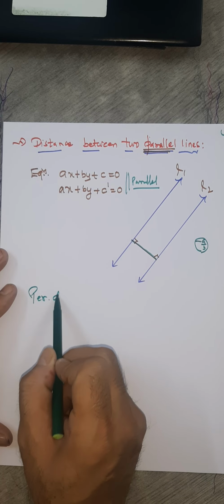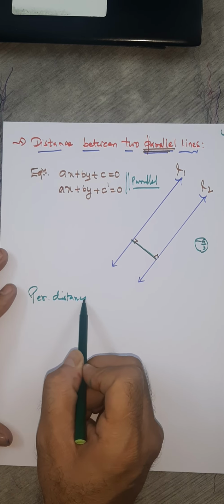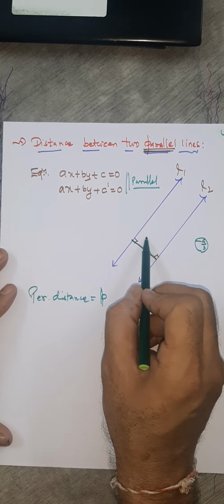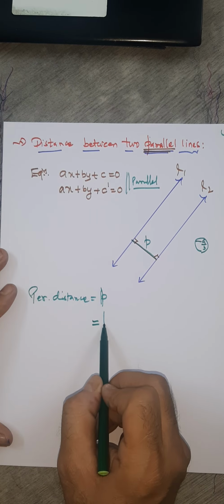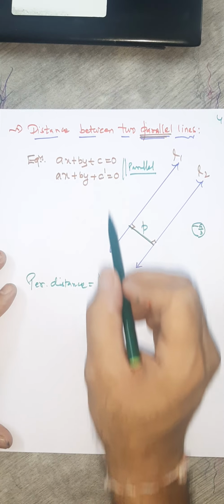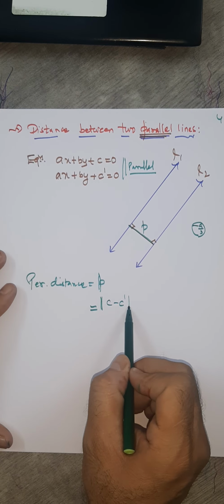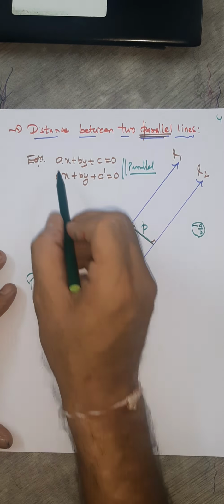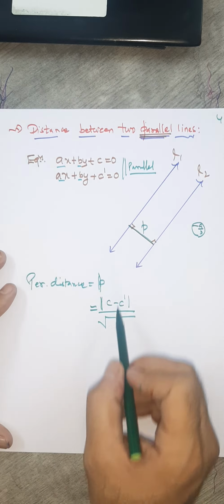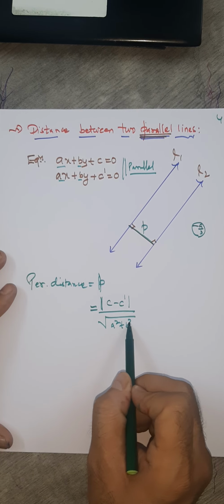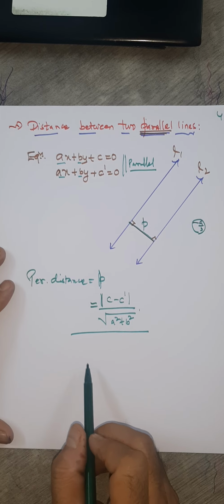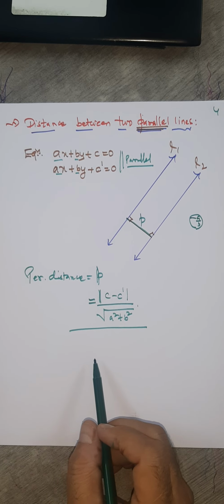The perpendicular distance, you can call it small p, is given by a very simple formula: the difference of these two constants, c minus c dash, upon under root of a square plus b square, as in the previous formula. This is the perpendicular distance between two parallel lines.